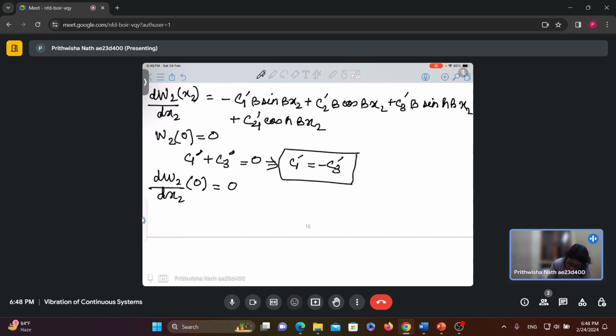So what I get is C2 plus C4 equals 0. So C2 prime, these are primed, C2 prime equals minus C4 prime. This is another condition which we get.